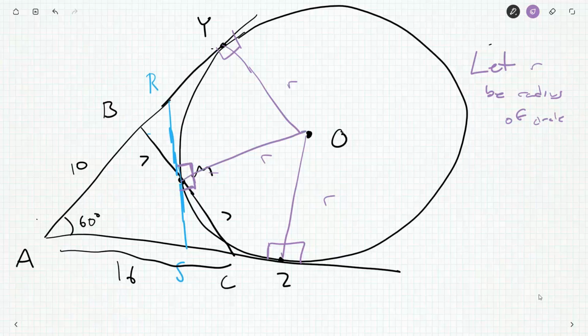Does it split it in half? Yeah, I think it does. No, it can't. It doesn't split RS in half. Okay. What else can we do?